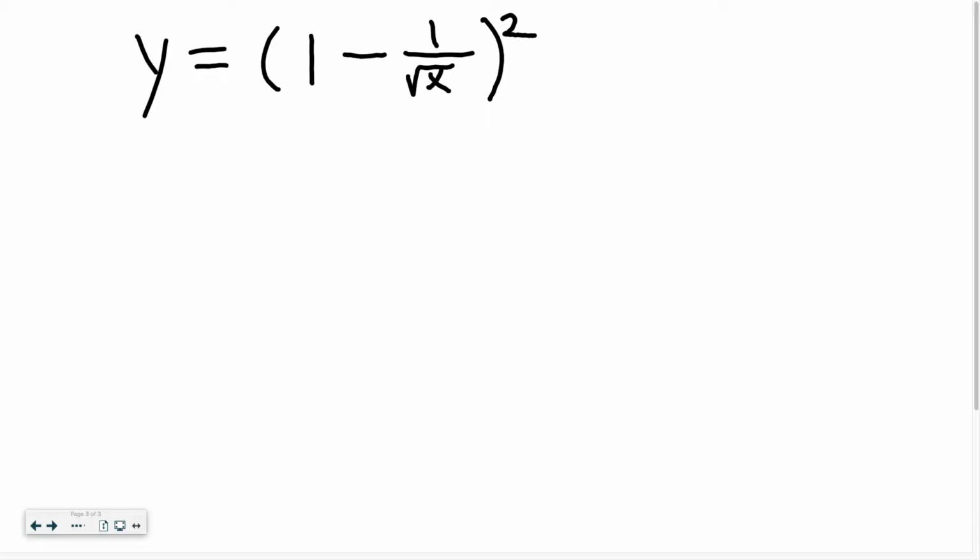No, you can change it to x to the negative 1/2. So then we can put that negative 1/2 is x to the negative 1/2.